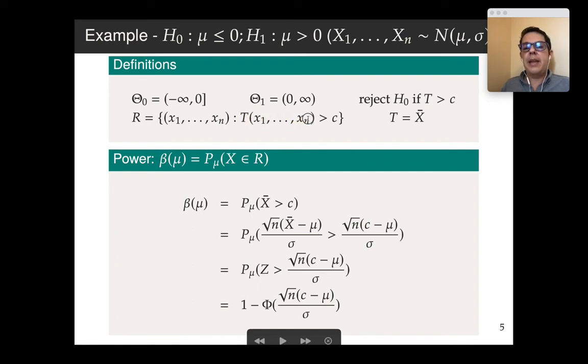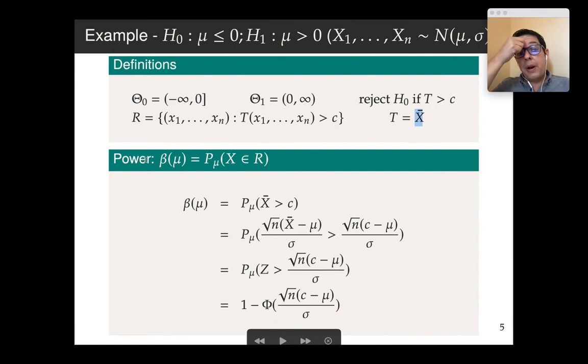Remember that x1 up to xn are numbers at this point, and we test it, and if the output of this statistic T is greater than c, then they are going to belong to R. Given that we are interested in mu, the statistic that we are going to test is the estimated mean.